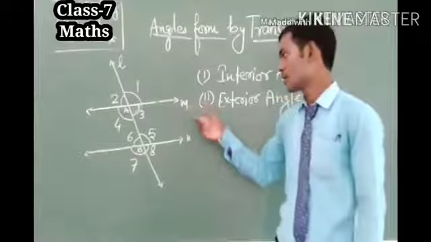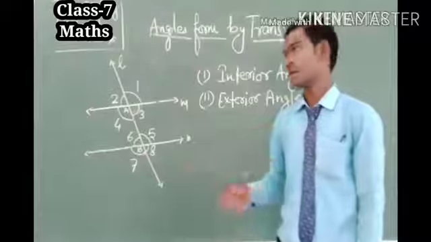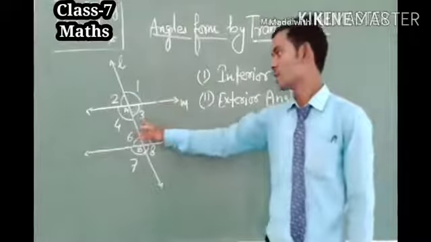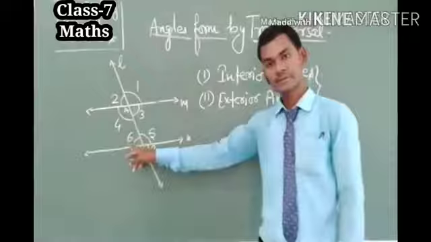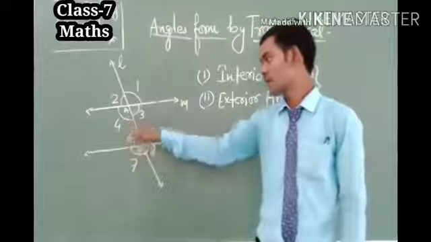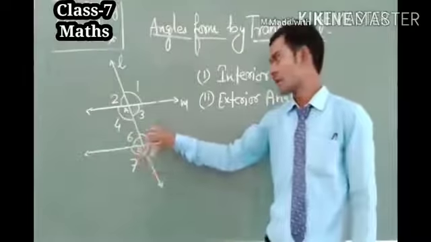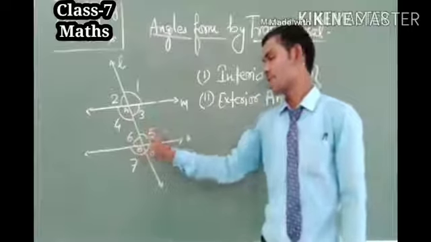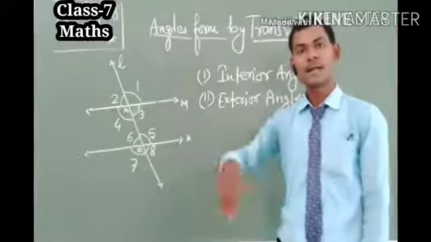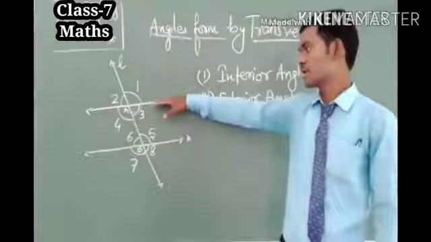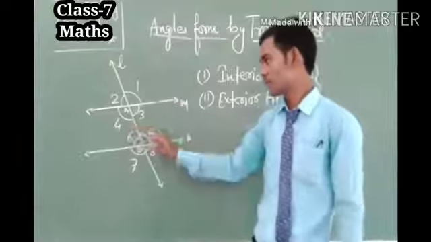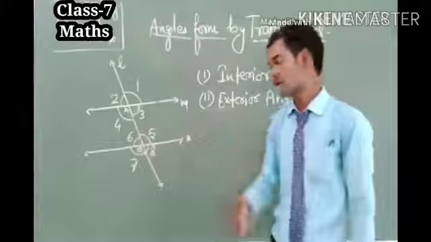In the figure, M and N are the two given lines and L is the transversal line, and the angles 3, 4 and 5, 6 have the common line segment, that is AB. The angles 3, 4, 5, 6 have the common line segment AB and also lie between the lines M and N, so angles 3, 4, 5 and 6 are the interior angles.